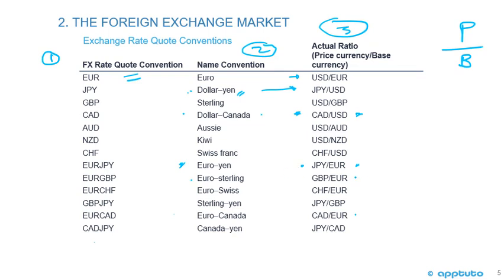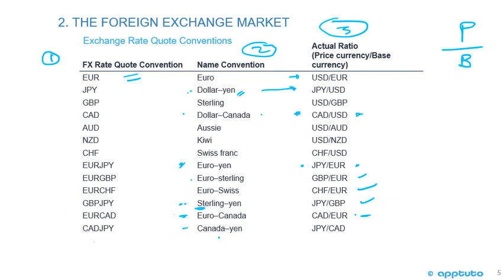Euro sterling, euro in the denominator. Euro Swiss, euro in the denominator. Sterling yen, sterling is in the denominator. So you can see that the first word is the denominator and the second currency is the numerator. So that's just the way that I like to memorize it. You can see here euro Canada, the euro's in the denominator.